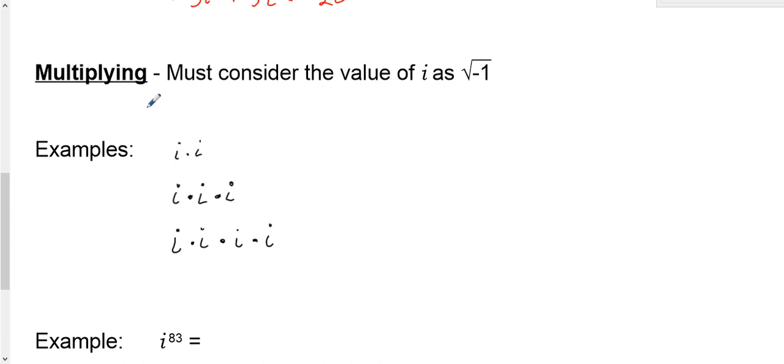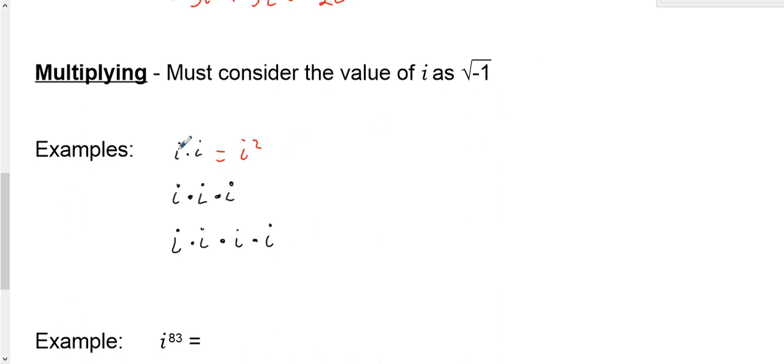When I get to multiplying, I must consider the fact that the value of i is the square root of negative 1. Because when I'm multiplying i times i, it's going to give me an exponent, and I will get i squared. And when you realize that you have a radical with an exponent, sometimes that exponent will cancel out the radical.